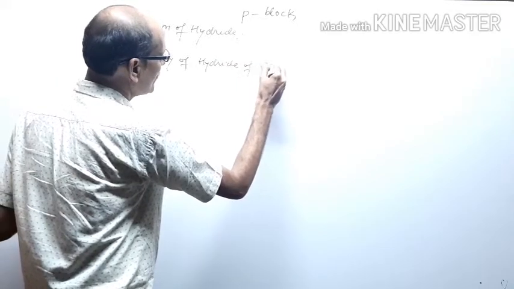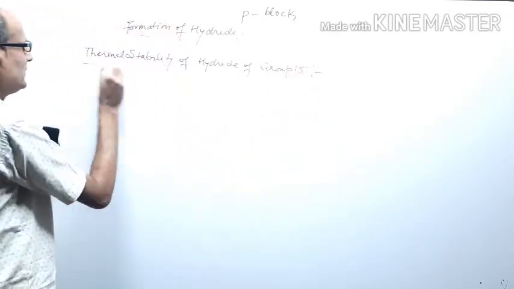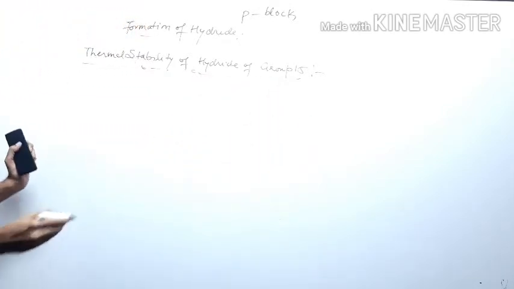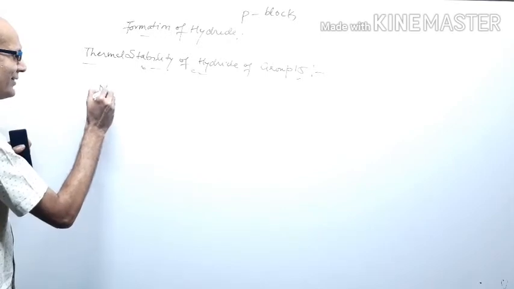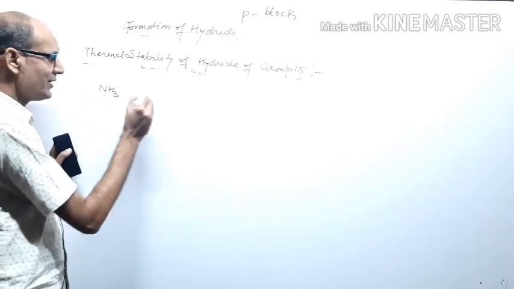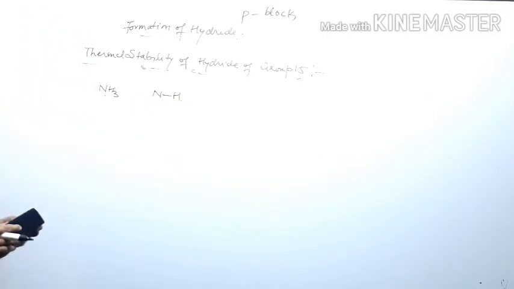In NH3, N is the smallest in size, and the bond between N and H is very strong and shorter.